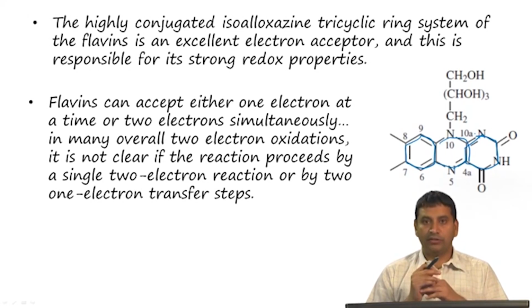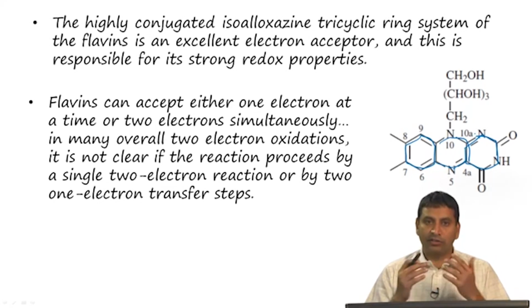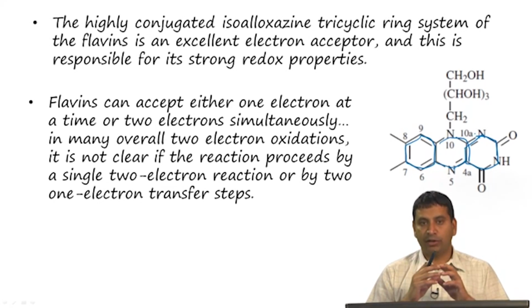We will look at these very shortly, and they can accept either one electron at a time, or they can accept two electrons simultaneously. And in many overall 2 electron oxidations, it is sometimes not clear if the reaction proceeds by two 1 electron processes or by one 2 electron process.